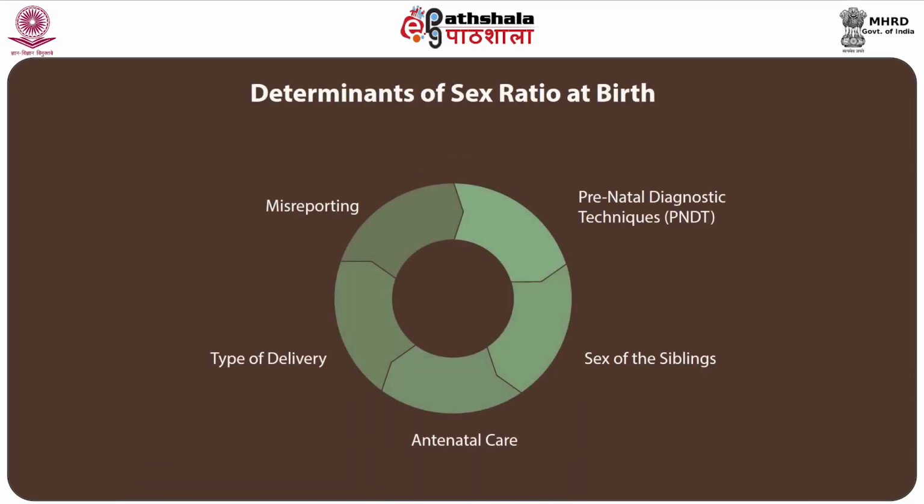Finally, we would also see that the sex ratio at birth which is reported is also affected by something called misreporting of children, which we found in many contexts, especially where the status of women is relatively poor. There are often female births that are misreported compared to males.